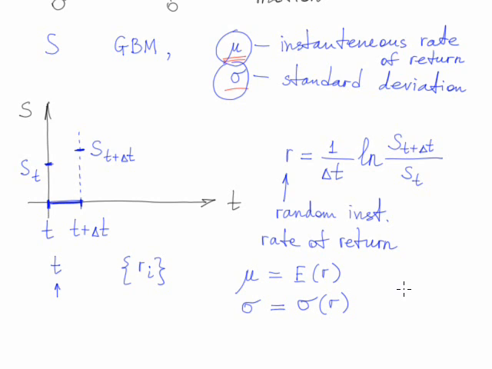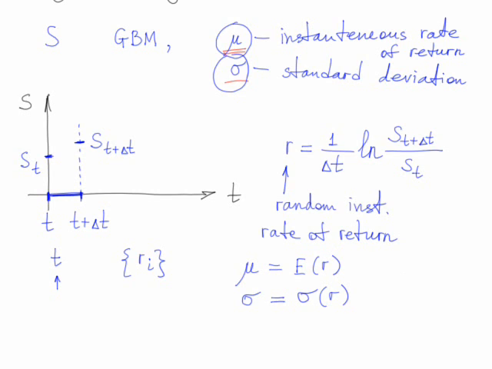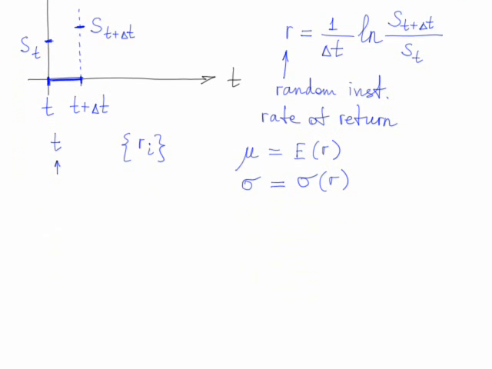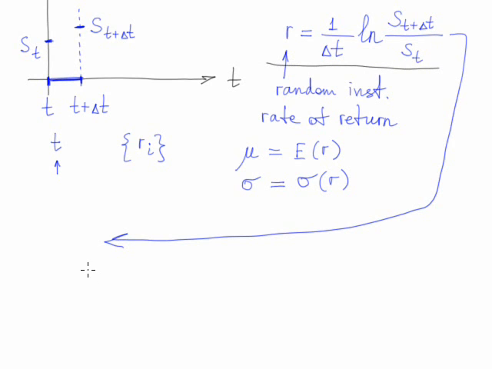And also, to give you a better idea, if I just work a little with this equation, I can write it as R dt equal to log of S_{t+Δt} divided by S_t.